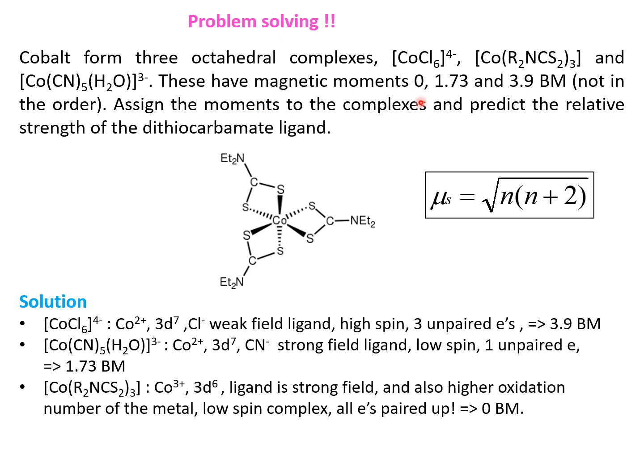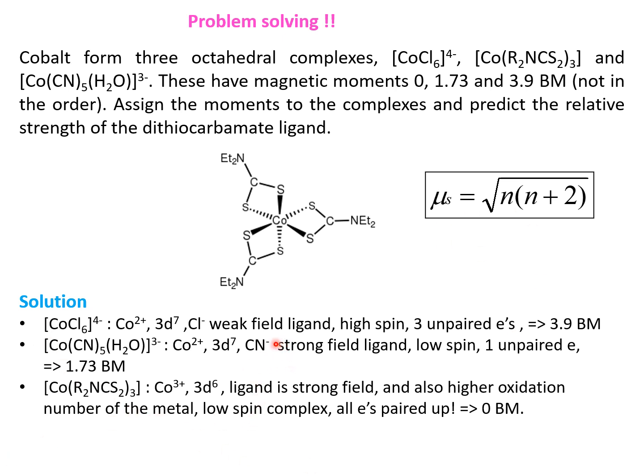These have magnetic moments of 0 for the first complex, 1.73 for the second complex, and 3.9 Bohr magneton for the third complex. Assign the moments to the complexes and predict the relative strength of the dithiocarbamate ligand. The formula that can be used is μs equal to square root of n(n+2), where n is the number of unpaired electrons. The solution is also given over here.